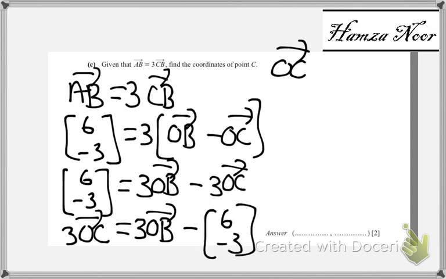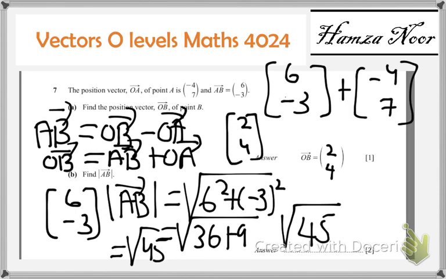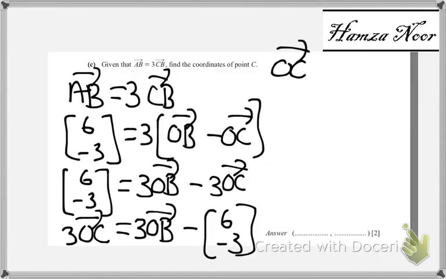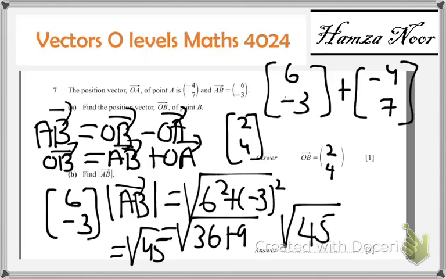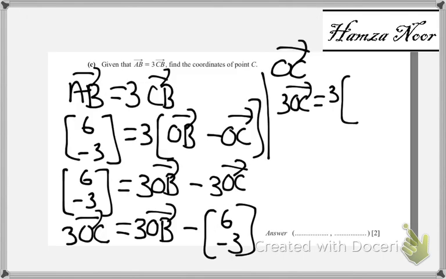Okay, and what is exactly the OB vector? OB vector is (2, 4). So I'll just write it over here. 3 OC is equal to 3 OB. OB vector was (2, 4), so 3 times (2, 4), and minus (6, -3).